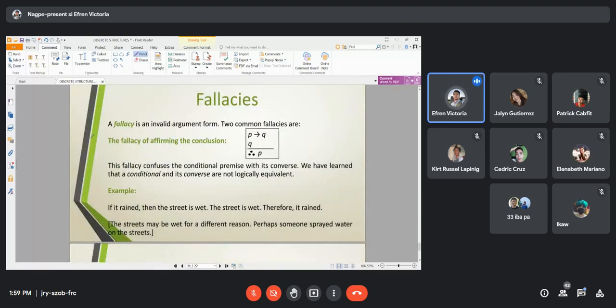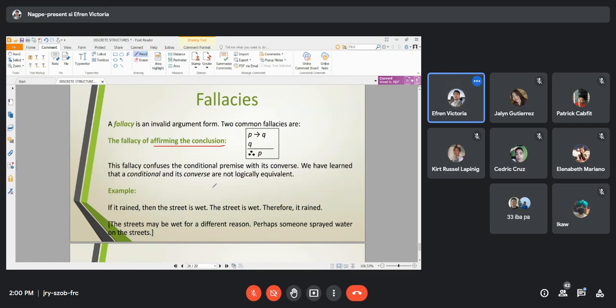So, two common fallacies are the fallacy of affirming the conclusion. This fallacy confuses the conditional premise with its converse. We have learned that a conditional and its converse are not logically equivalent.